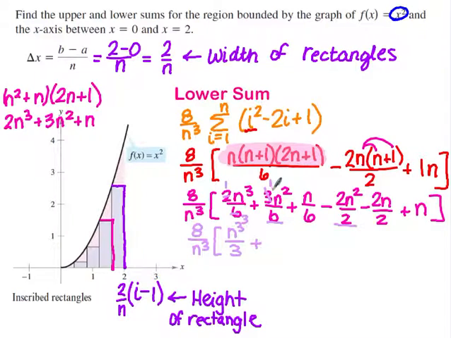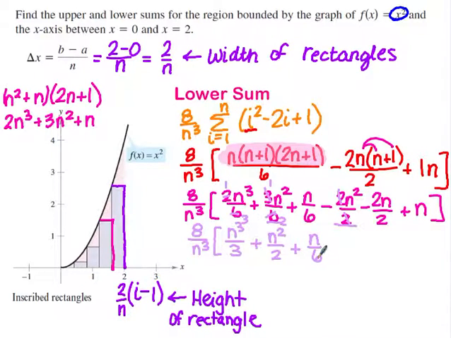So this is 1, this is 2, so it's basically 1/2 n squared minus 1n squared. So what's 1/2 minus 1? It's 1/2, so it'd be n squared over 2. Okay? And then this one will be n over 6.